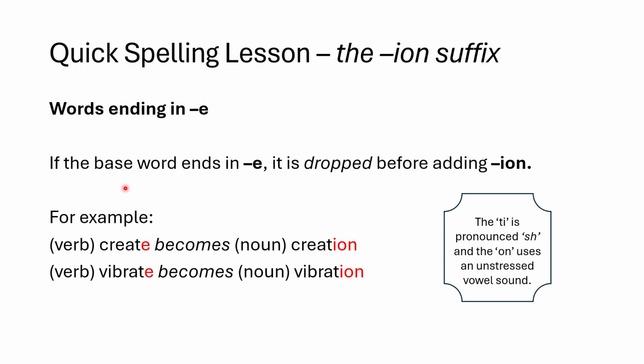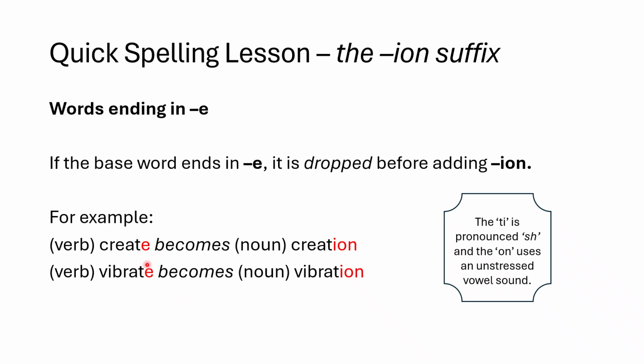If the base word ends in silent final E, it is dropped before adding ION. For example, the verb create becomes the noun creation. The verb vibrate becomes the noun vibration.